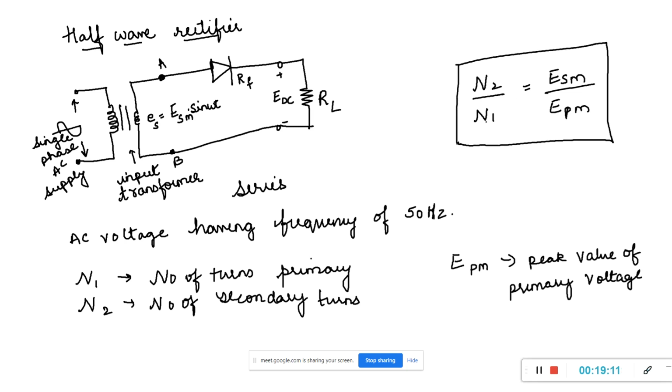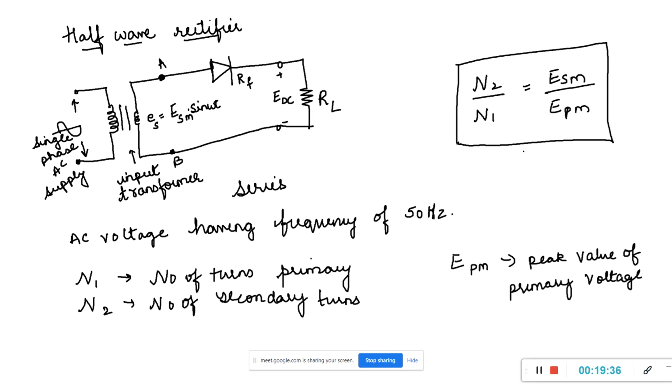N2 is the number of secondary turns, N1 is the number of primary turns. ESM is the peak value of the secondary AC voltage and EPM is the peak voltage at the primary side.